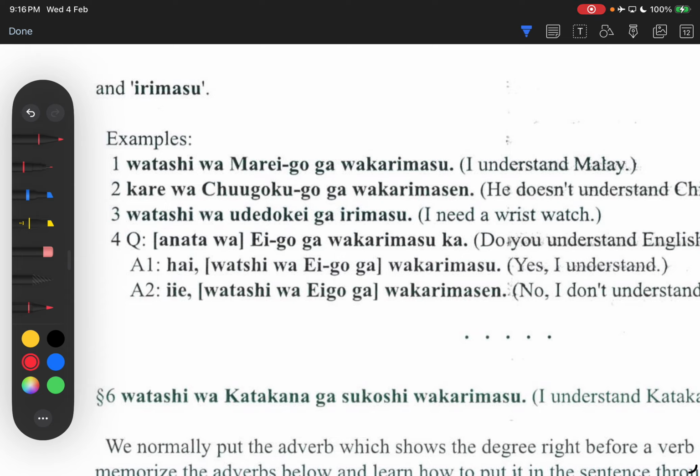So we use が instead of を, because you can't perform the action. You just, I want, I need, I understand. So all these are passive.